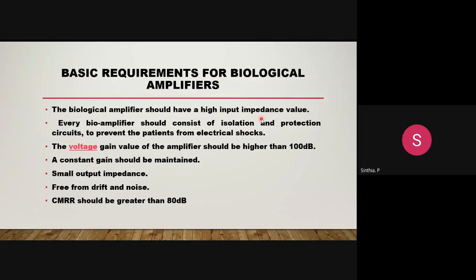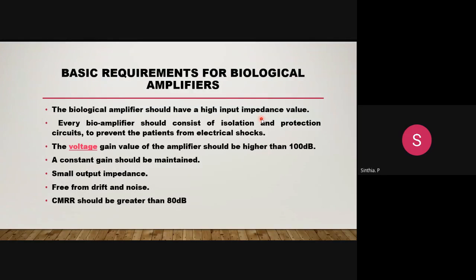It should provide the best possible separation of signal and interferences, and it has to offer some protection of the patient from the hazard of electrical shock. The setup should not expose the patient to any sort of electrical hazards. Then it has to be protected against damage to the equipment also, which may result from high input voltages, say for example, during the application of defibrillators or electrosurgical instrumentation.